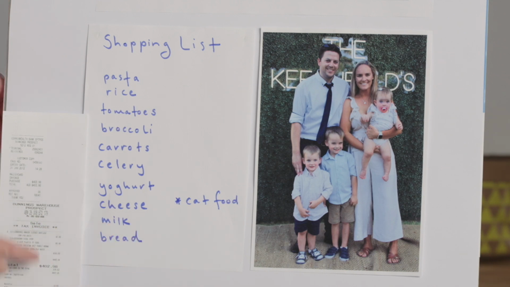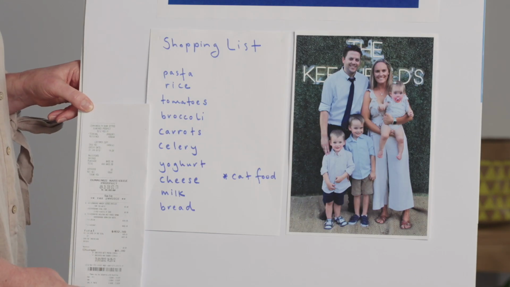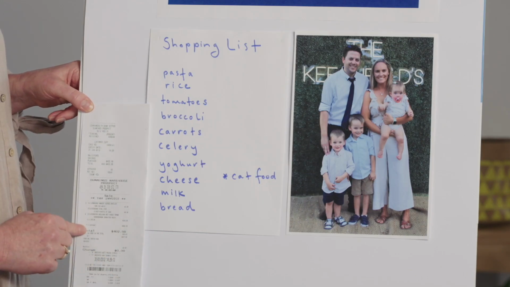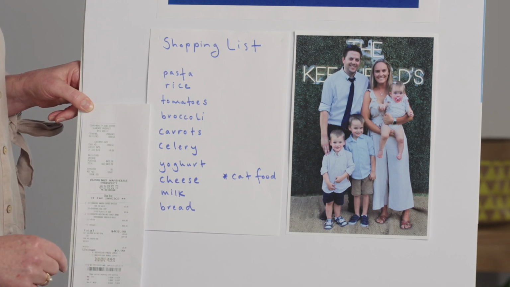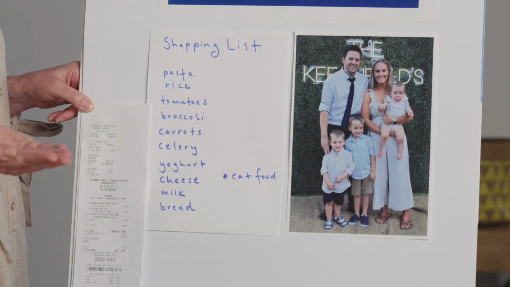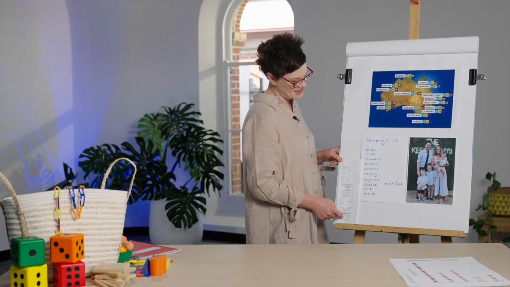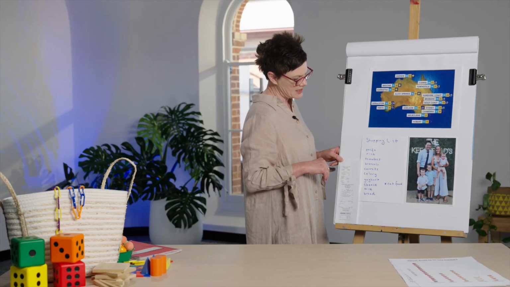Alongside this shopping list, remember tax invoices or receipts offer us data too, don't they? They tell us what we've bought, how much it cost, and if we need to replace that or take it back, we've got a document that tells us what we bought, a data set. Okay, some questions about this data set?